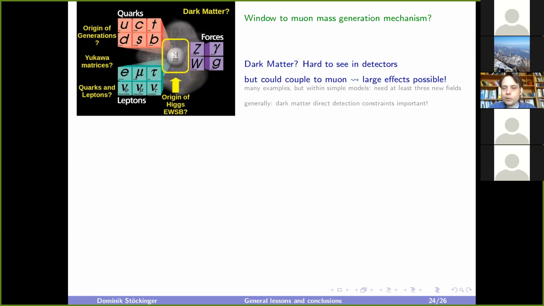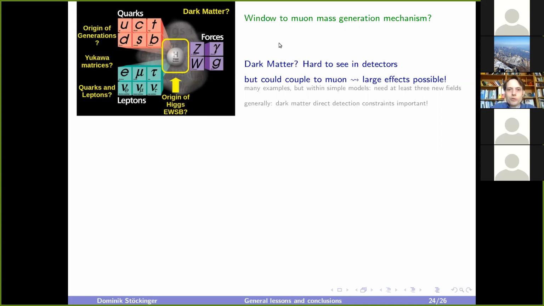Supersymmetry is an example, but there are also many other examples as well. In our study, however, we found that indeed this is restricted, and we need at least 3 new fields in order to make it work for dark matter and G-2 simultaneously. And in general, direct detection constraints on dark matter are important, and we need to take them into account.